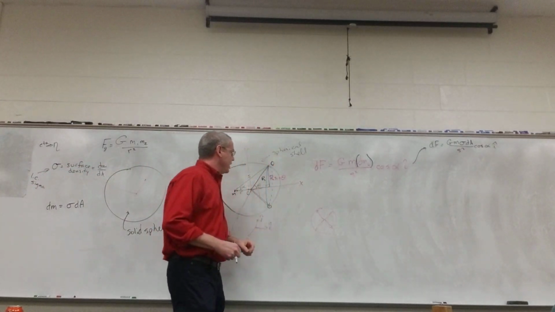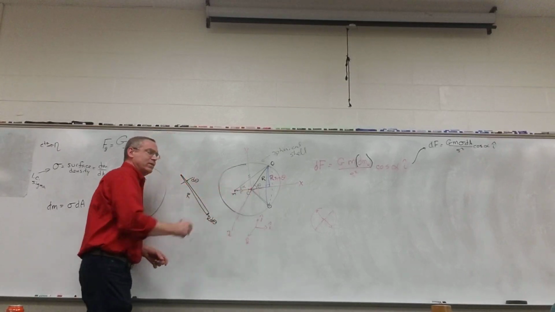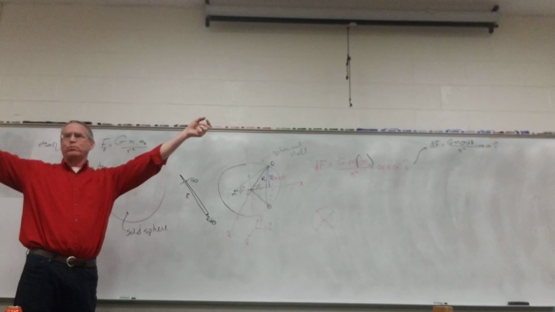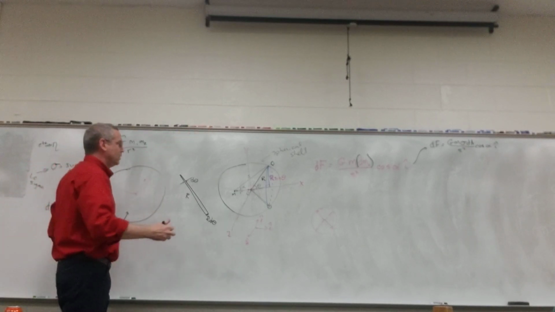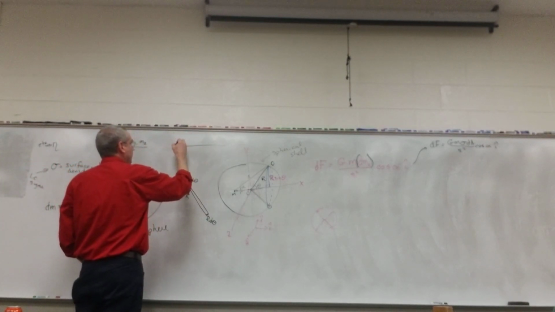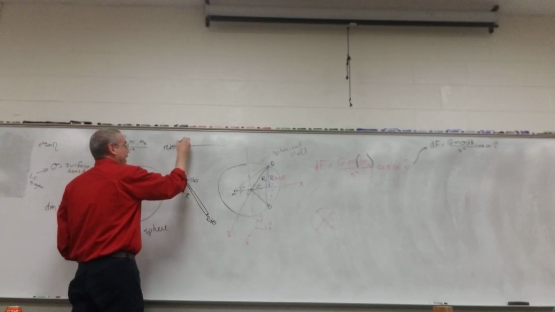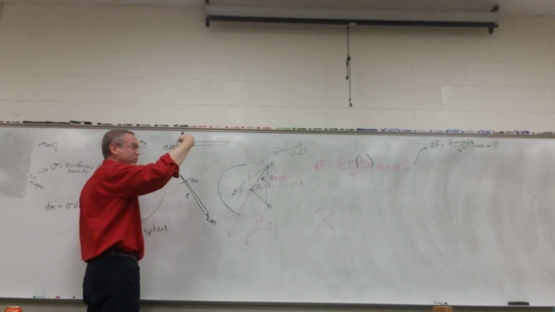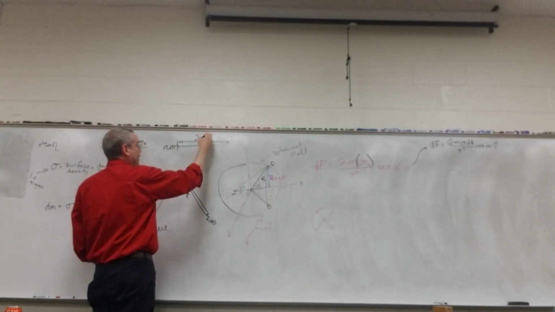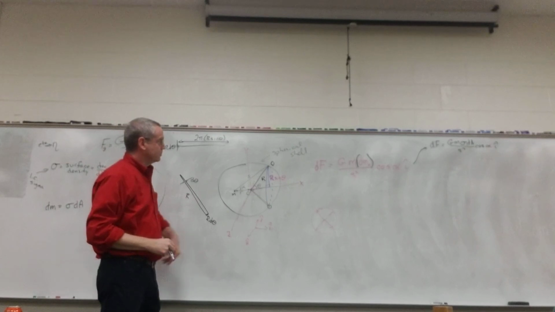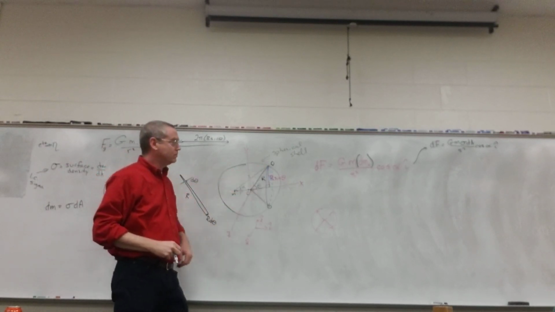So my area here is basically, if I take this hoop, imagine I take the hoop out, put a snip in it, and just stretch it out, I get a really long rectangle, where the thickness of the rectangle is r dθ. And the length of the rectangle is just the circumference, 2π times R sin θ, the radius of the circle.